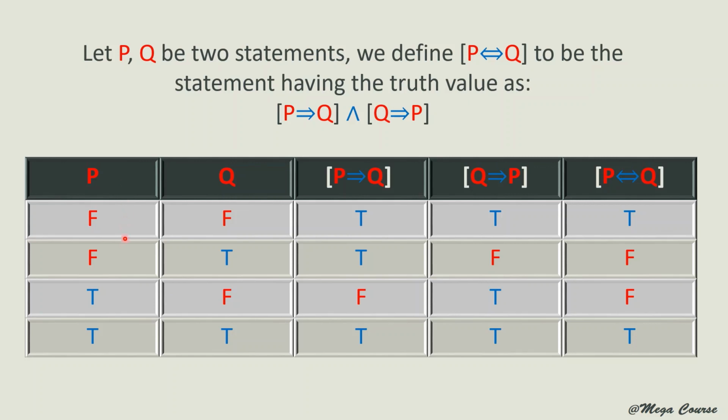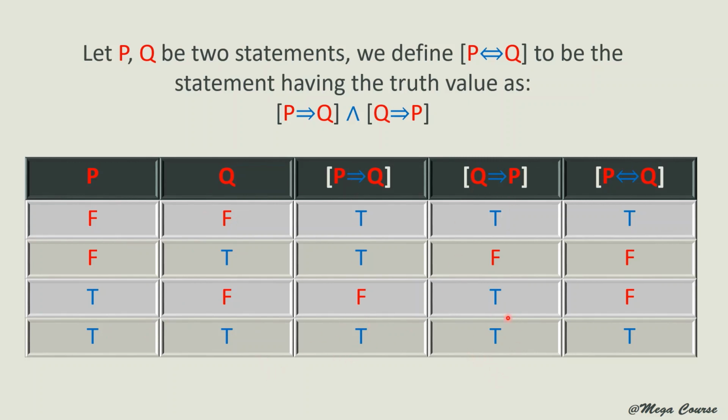P is false and Q is true, P implies Q is true, and Q implies P is false, because something false can give us something true, then this statement is going to be true. But something true giving us something false is false. Continuing, P is true, Q is false, then P implies Q is false. Q implies P is true. P is true, Q is true, P implies Q is true, Q implies P is true.